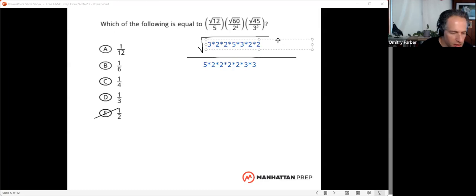And then 45 is 3 times 3 times 5. Now I know that the 5s are going to have to cancel out because none of the answers have a 5 in the base. And so again, I can sort of cheat off the answer a little bit and say, all right, if there's not a 5 in the base, how do I make the 5 go away? What is involved in canceling this 5 out?